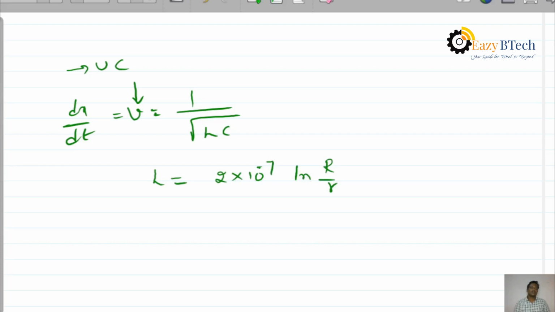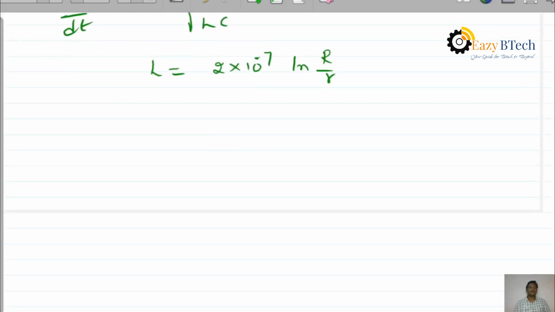R is the outer radius of the conductor, small r is the inner radius of the conductor, and the capacitance of an underground cable is 10 power minus 9 epsilon r divided by 18 ln capital R by small r.